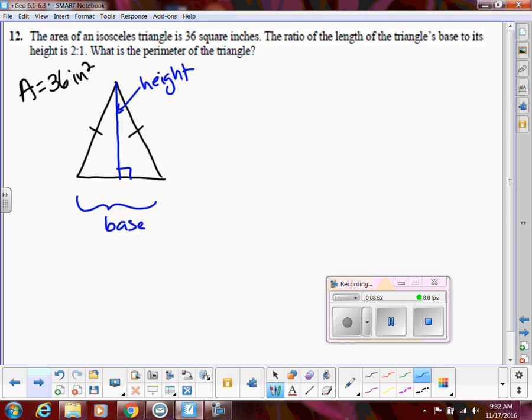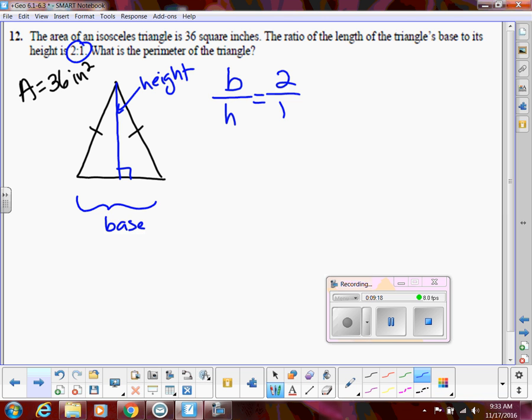But I do know that whatever the base is, it's going to be twice as big as the height, because the ratio of the base to the height, so b over h, is equivalent to this ratio they gave me, 2 to 1, 2 over 1. Okay, so if I reduce my base over height, it's always going to reduce to be 2 over 1. So the base is always going to be twice as big as whatever the height is.